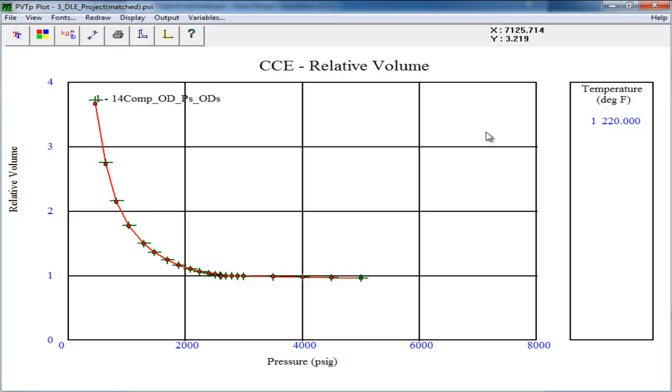Yeah, in most cases. When you deal with oils, you are talking about this part. Then when you match this point with volume shift, this is the most important point. With volume shift, you will shift this curve to here. Then when you come to step 2, you will find that your CCE data is already matched.